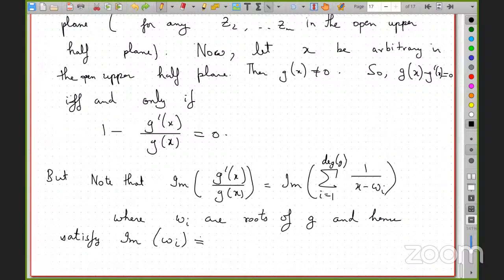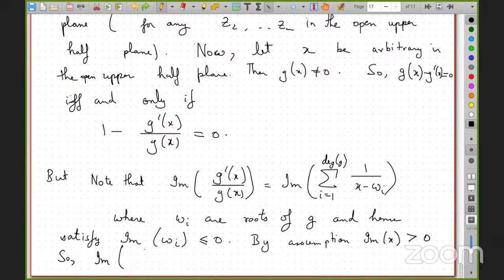And hence they satisfy being less than 0. By assumption, the imaginary part of x is strictly positive, so the imaginary part of 1 over x minus omega_i is strictly less than 0 for every i.